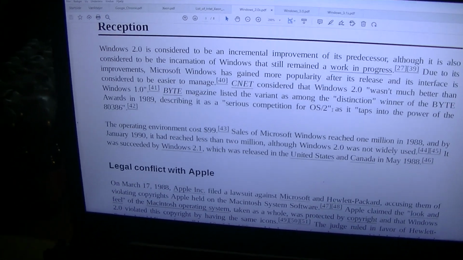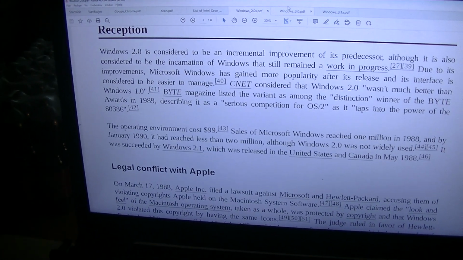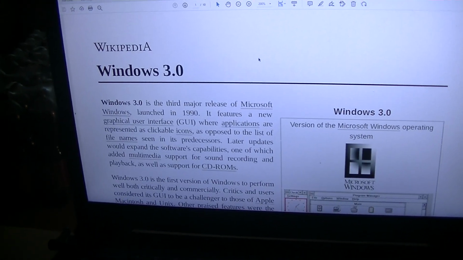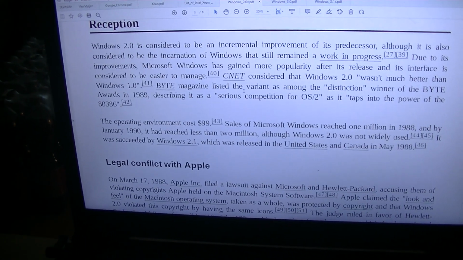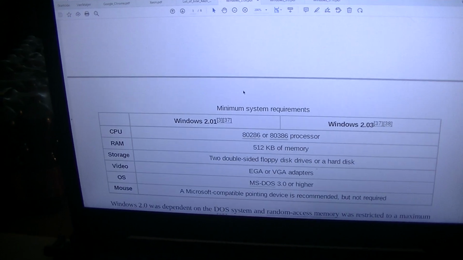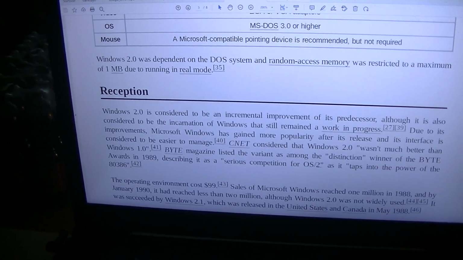And then they spent this money from Windows 2 to develop Windows 3. Actually, Windows 2 was made by just like three persons.